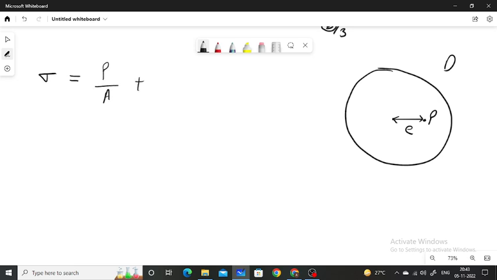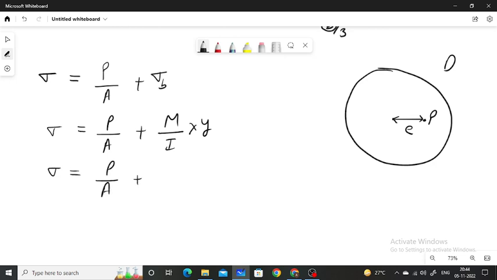P/A plus bending stress, and bending stress will be equal to M upon I into Y. Here M is the bending moment, which is equal to the load into eccentricity, and I, for a circular cross section, the moment of inertia, is pi d to the power 4 upon 64, and maximum stress will occur at plus minus d/2.